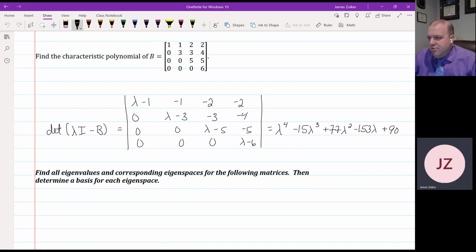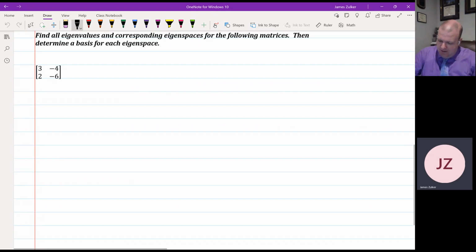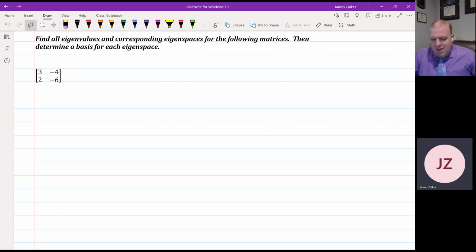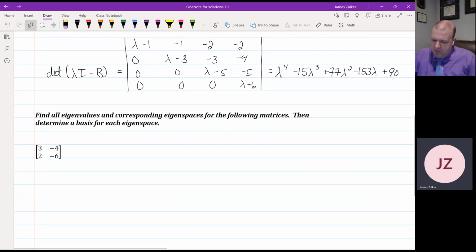All right, so now we're going to go ahead and find eigenvalues and the corresponding eigenspaces, and we will then also determine a basis for each eigenspace. Eigenvalues are the zeros, the roots of the characteristic polynomial.